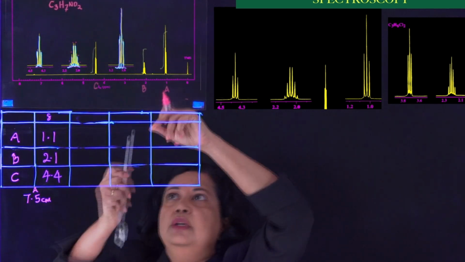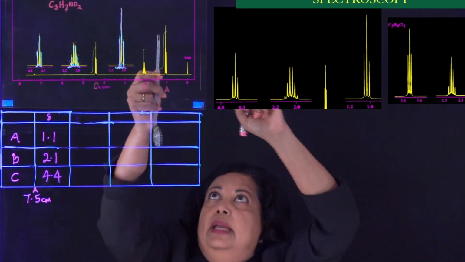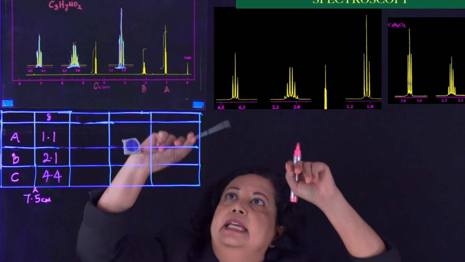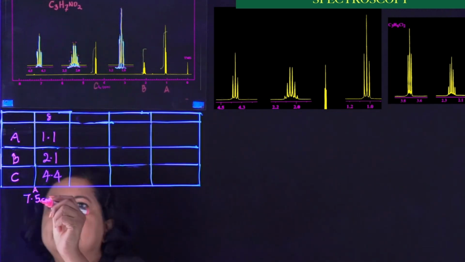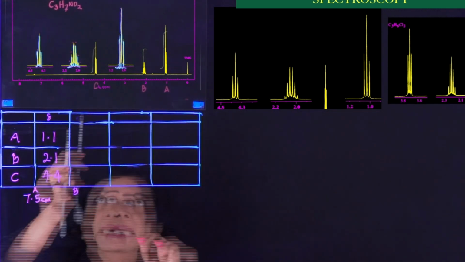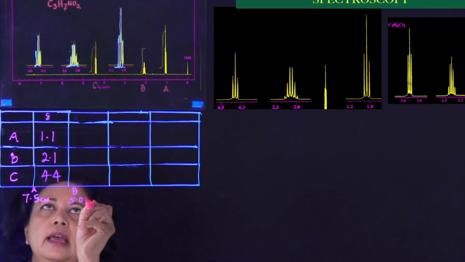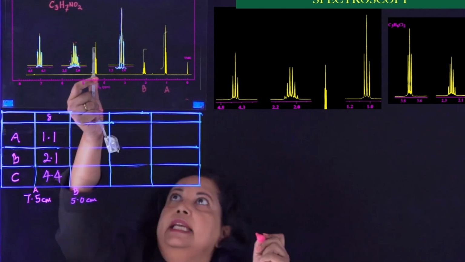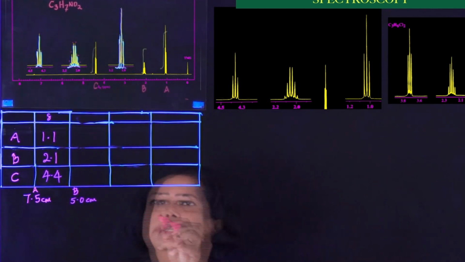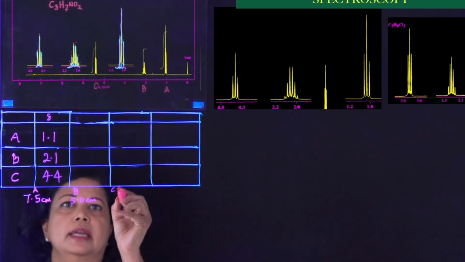So let's look at the heights here. A, as you can see, is about 7.5 centimeters. B is 5 centimeters, and C is also 5 centimeters. You can see they're about the same height.